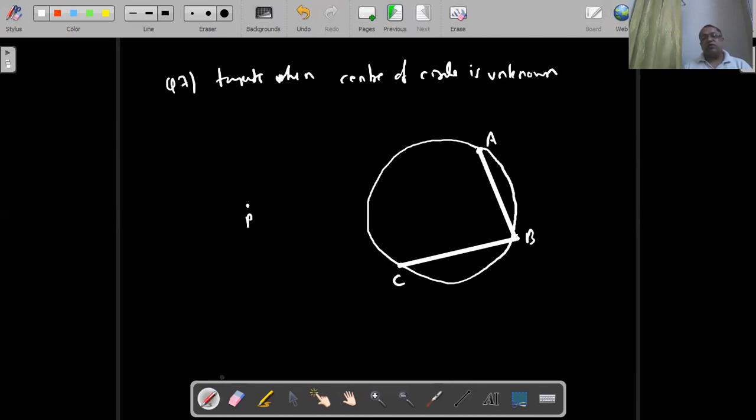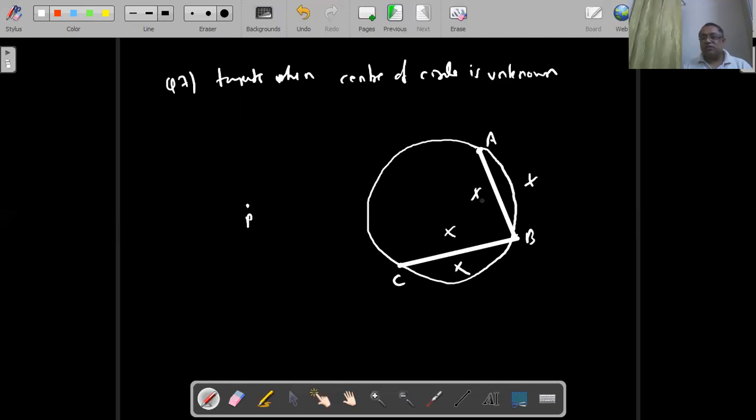Step number 1: take any 3 points on the circle, anywhere, and join A to B and B to C. Then construct the perpendicular bisector of AB. So from A and B, taking radius more than half, I am cutting these arcs. And repeat the process from B and C. From B and C also cut arcs.